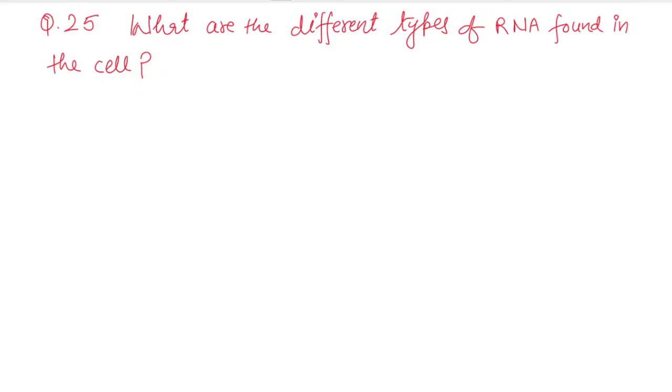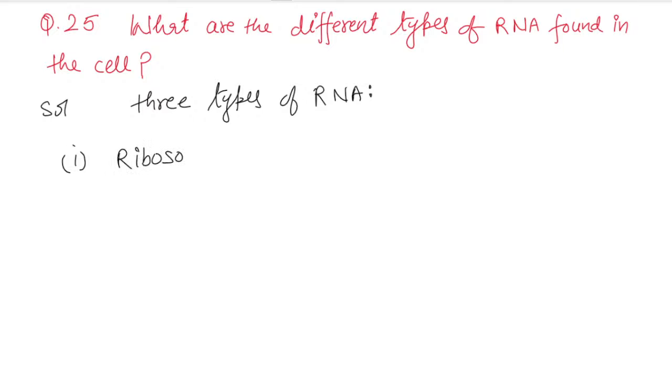Question number 25, last question of this chapter. What are the different types of RNA found in the cell? There are 3 types of RNA. Those are ribosomal RNA, that is also called rRNA.